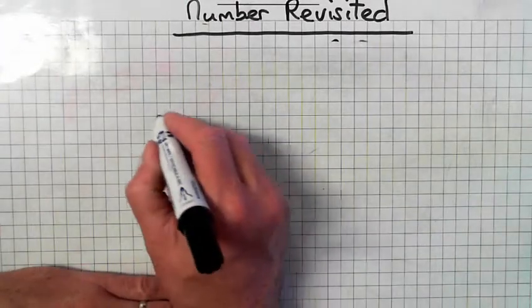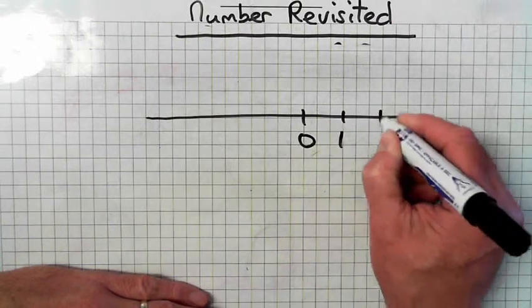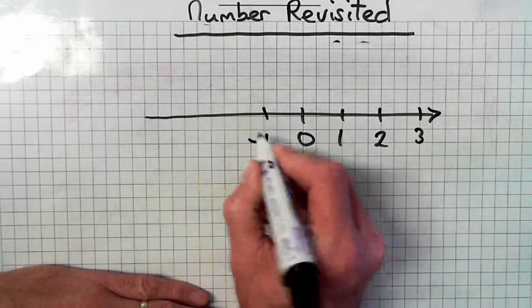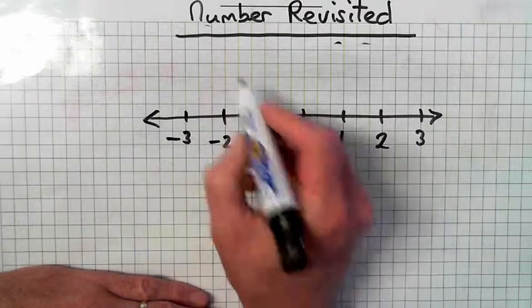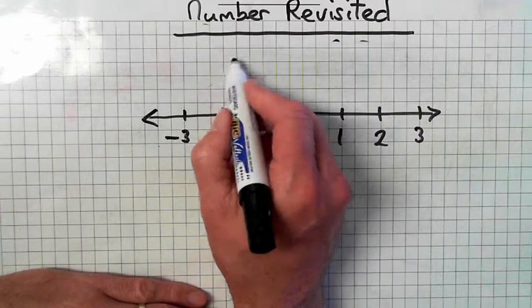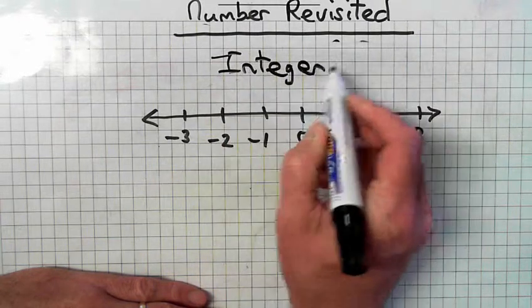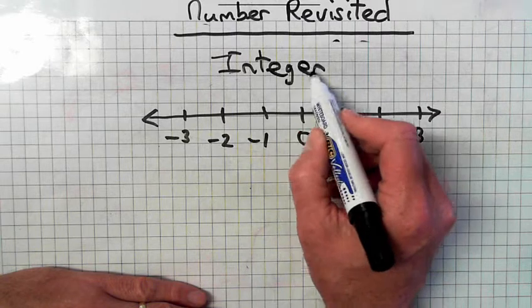The other type of numbers are positive and negative whole numbers: 1, 2, 3, including -1, -2, negative numbers. Okay, so these are integers, I-N-T-E-G-E-R-S.